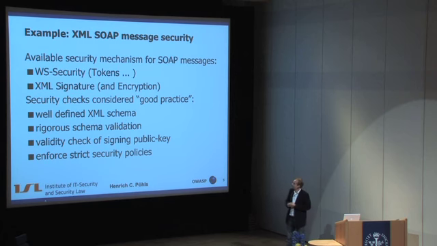The basic mechanisms for SOAP message are WS security. Then you have authentication tokens that allow you to authenticate your clients, or you have XML signature and encryption, which I won't talk about the encryption here, but you have XML signature. And you can mitigate most of the attacks.